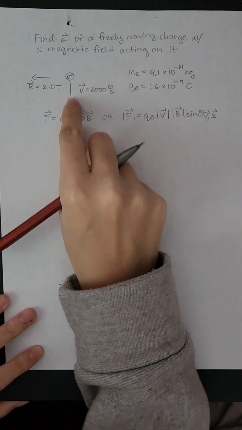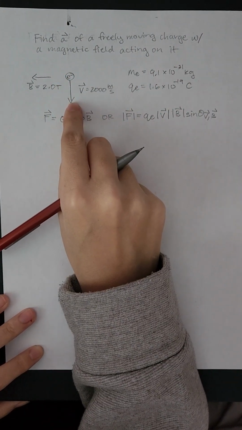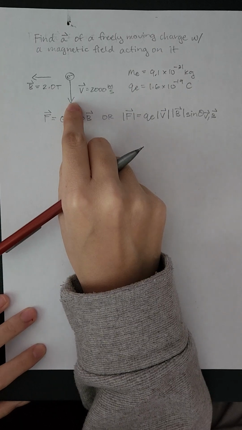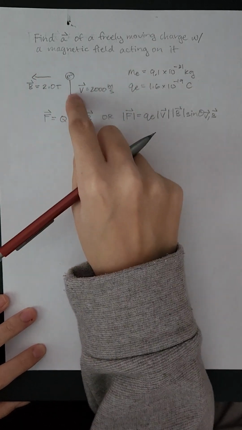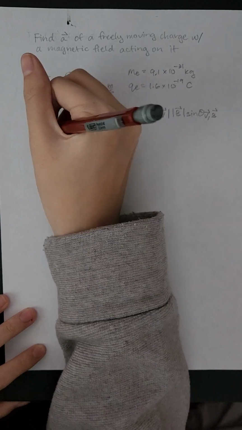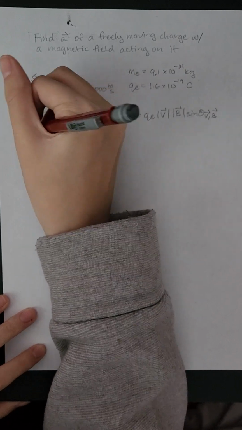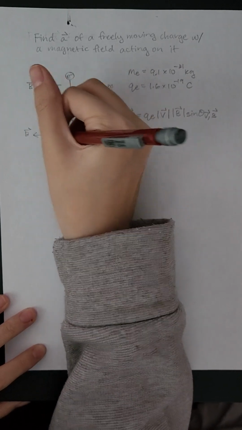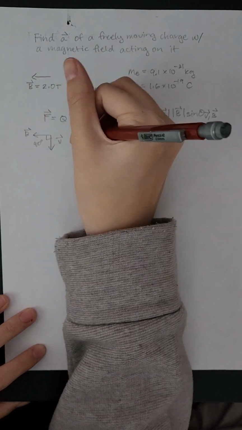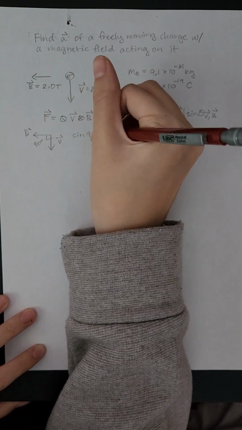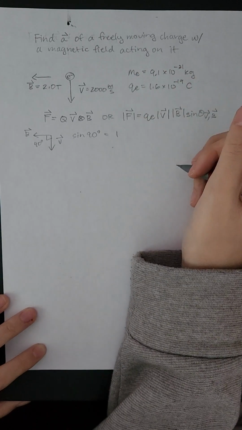So we can see here that the angle between the velocity and the magnetic field is 90 degrees. V points down and B is to the left, and that is a 90-degree angle. So sine 90 is equal to 1.